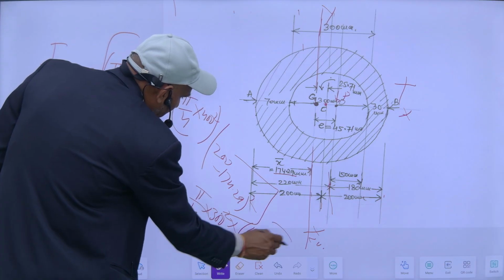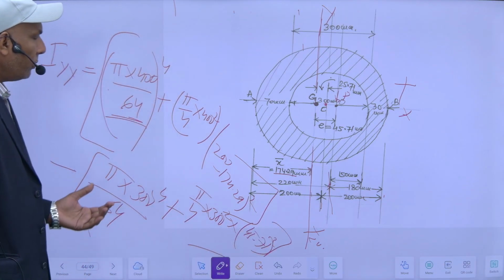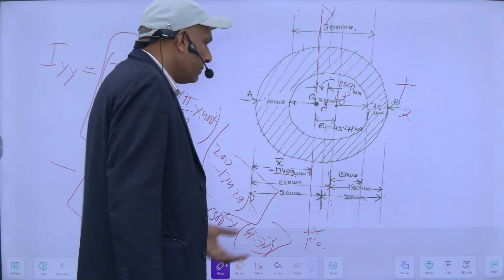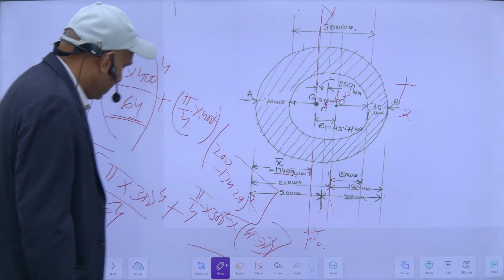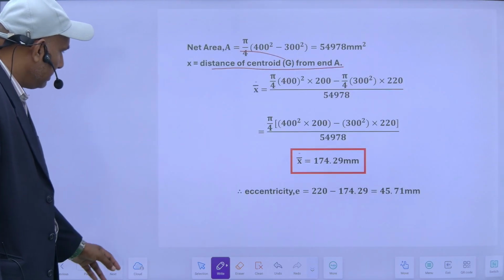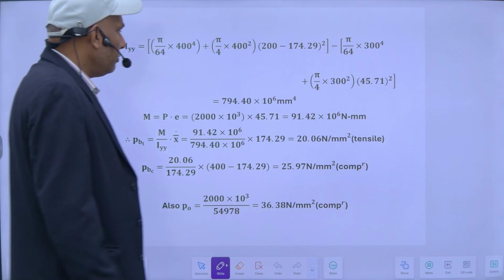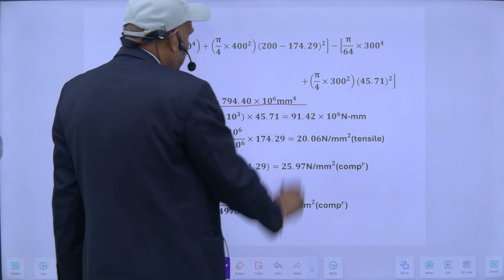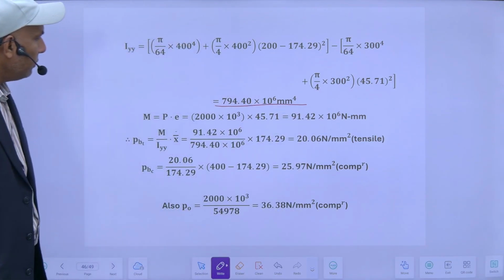So with the moment of inertia of the outside minus the moment of inertia of the inside bore, I will get this I. Its value will be 794.40 into 10 raised to the power 6 mm^4.